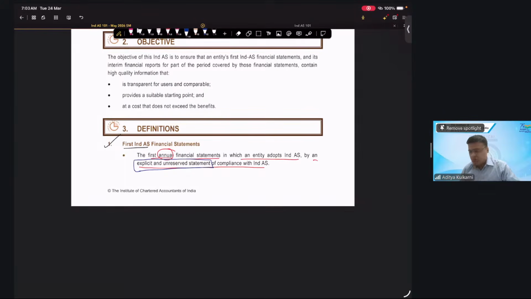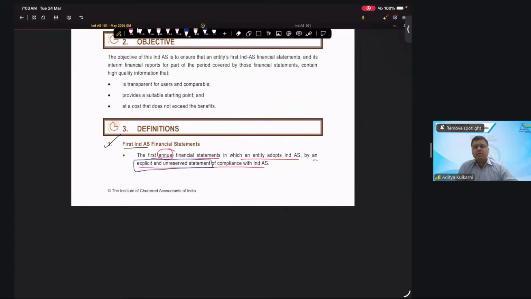So what is my first Ind AS financial statements? This is the first time when you adopt, and it must be accompanied with an explicit and unreserved statement of compliance. So you move and you also give a statement of compliance. And remember, this is explicit and unreserved.